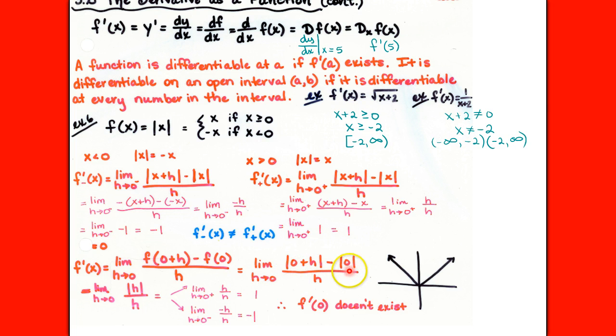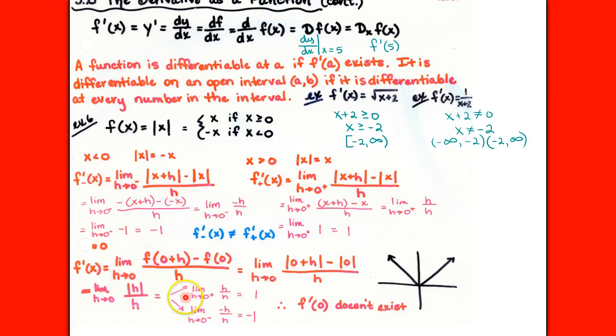If I put 0 in the place of x, that'd be the absolute value of 0 all over h. So I'm going to get the absolute value of h in the top, and a plain h in the bottom. So when I think about this as the limit as h approaches 0, I'm going to have to think about that limit from the left and from the right, because it's different with the absolute value.